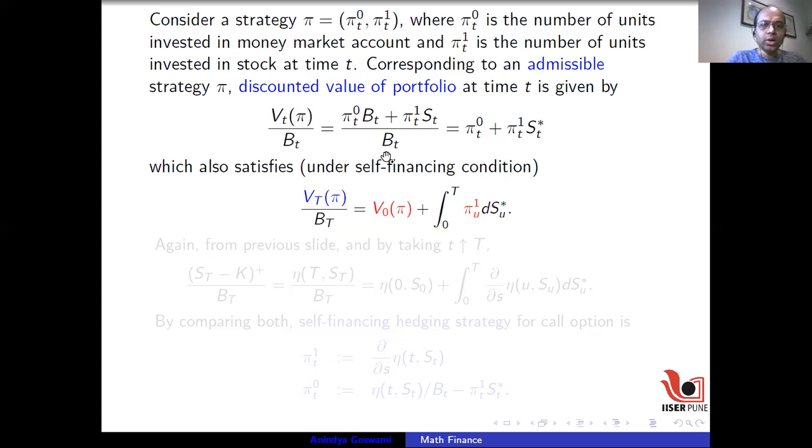Now one can always write down a function f of x, if f is a differentiable function, using the fundamental theorem of calculus: f of x is equal to f of 0 plus integration 0 to x of f prime of x dx.